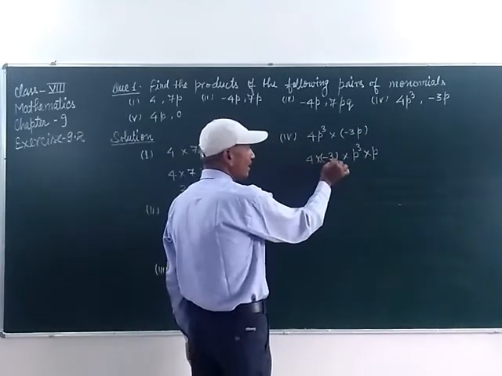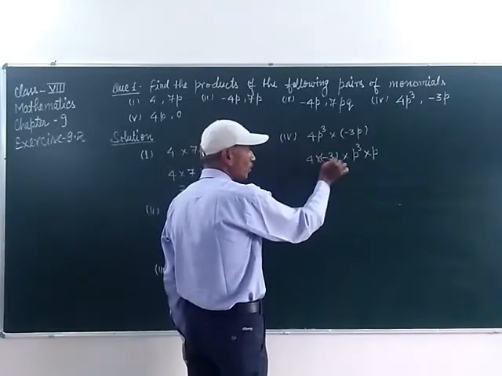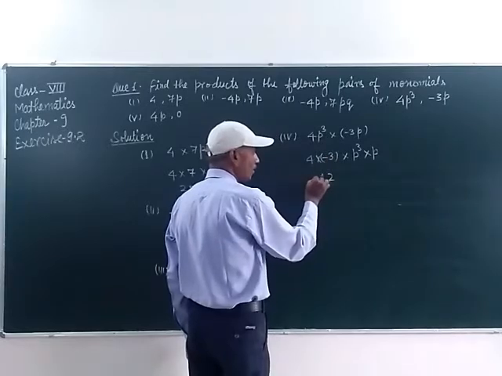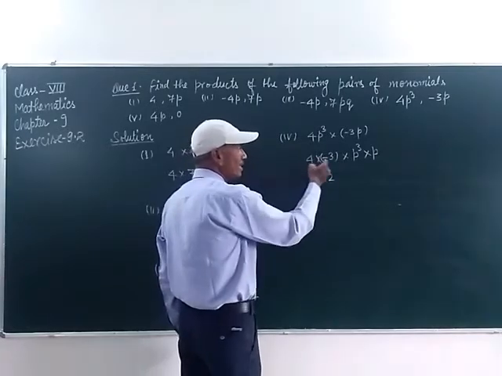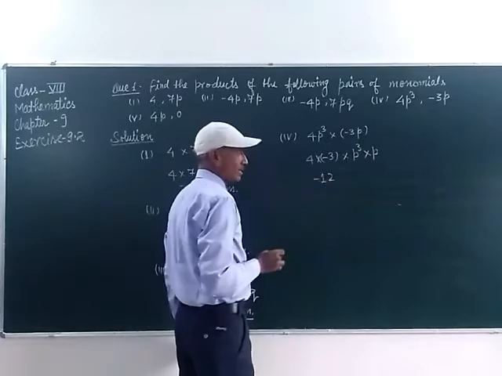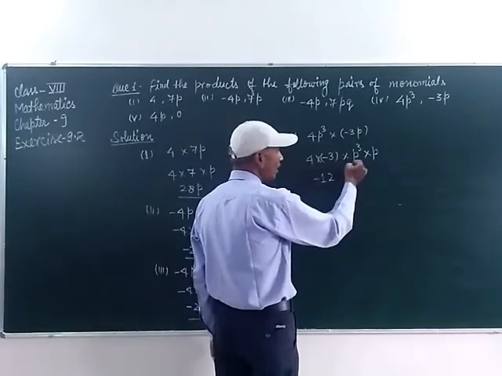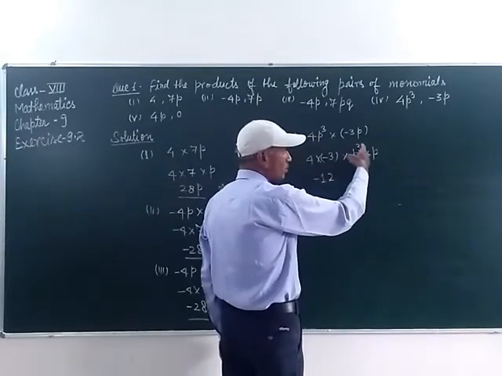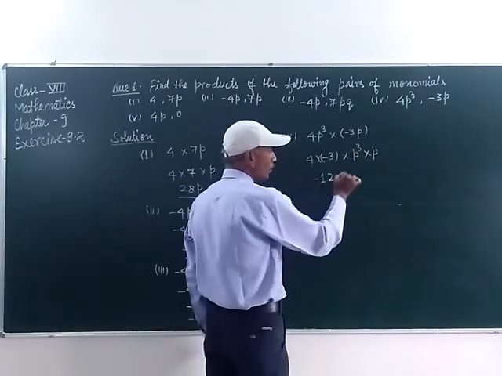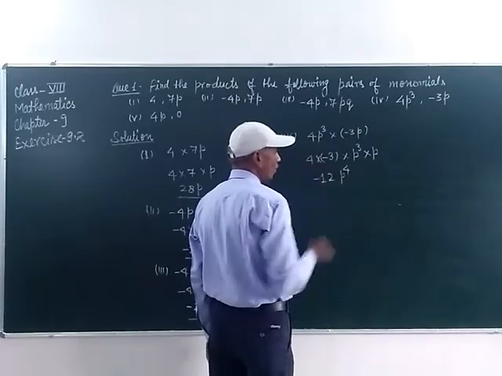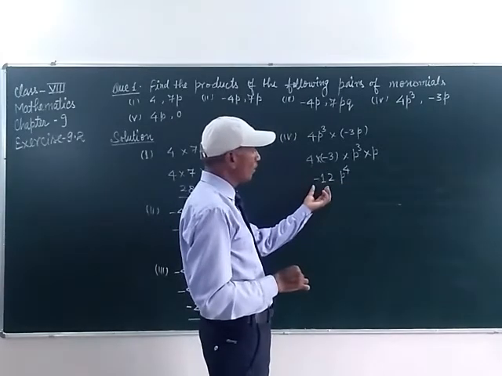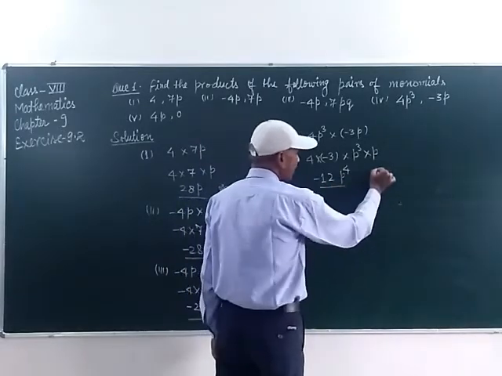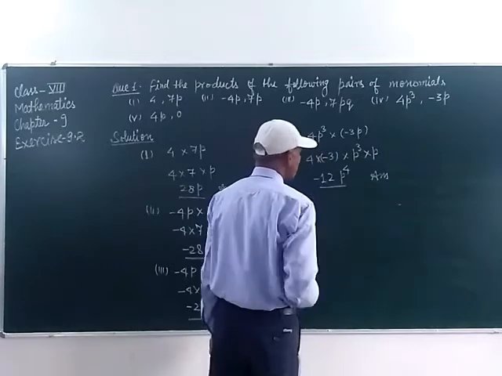Now we multiply minus 3 into 4: 3 fours are 12, and this one is negative, so plus into minus will be minus. So this one is minus 12 p cube, and p to the power 1 here. So 3 plus 1 will be 4, so p to the power 4. The answer will be minus 12 p to the power 4. This is the answer of the fourth part of this question.